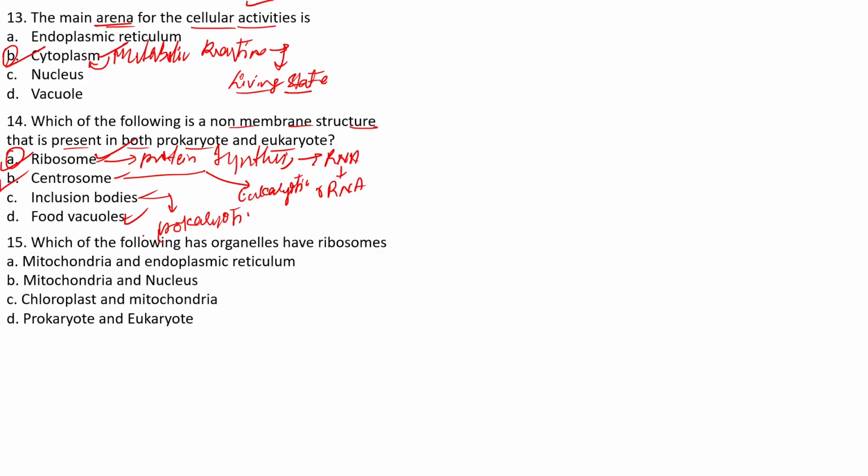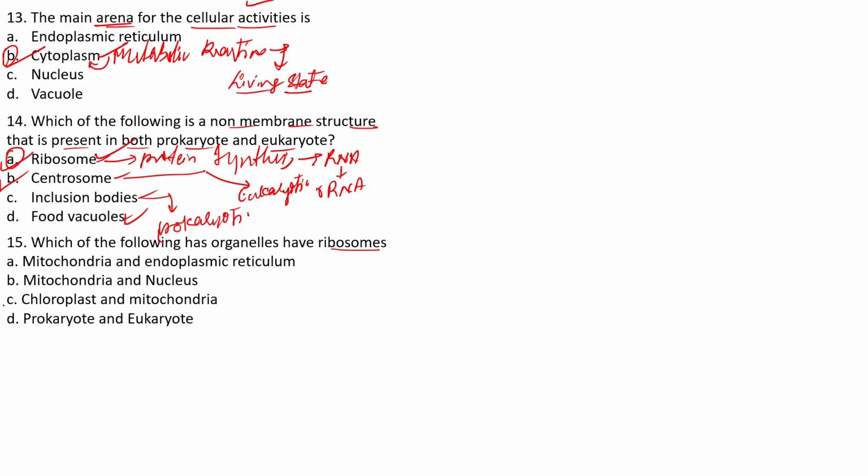Let us recall this. Remember this. Now, which of the following organelles have ribosomes? They are mainly asking about cell organelles that have ribosomes. The options are mitochondria and endoplasmic reticulum, mitochondria and nucleus, chloroplast and mitochondria, and prokaryote and eukaryote.